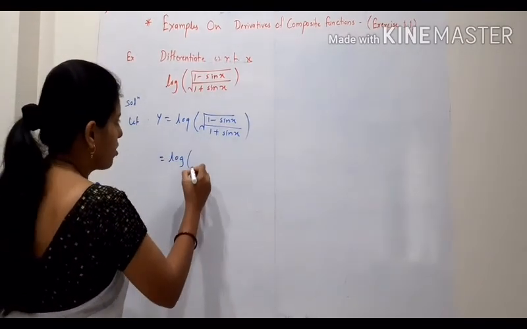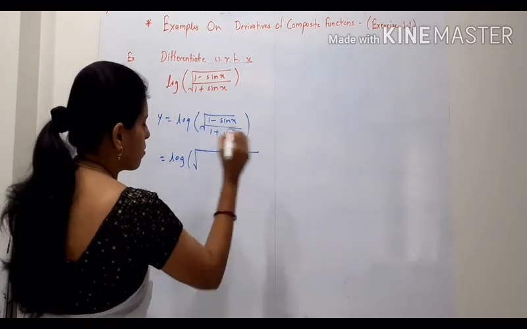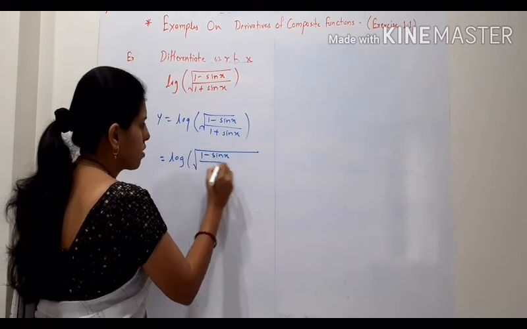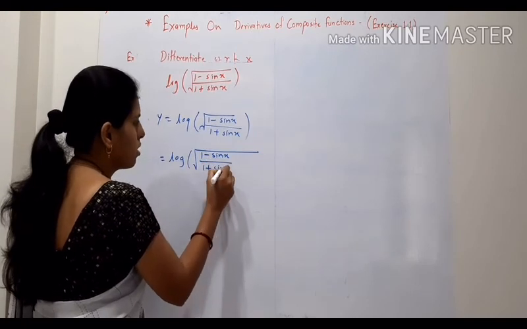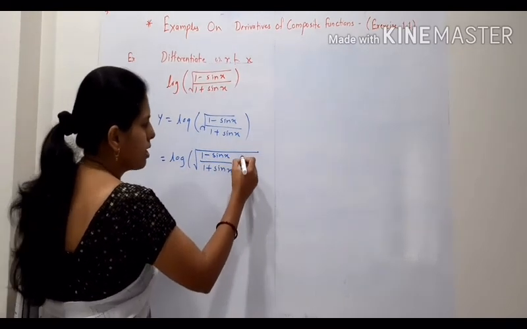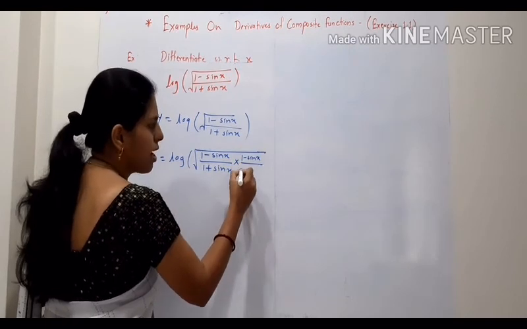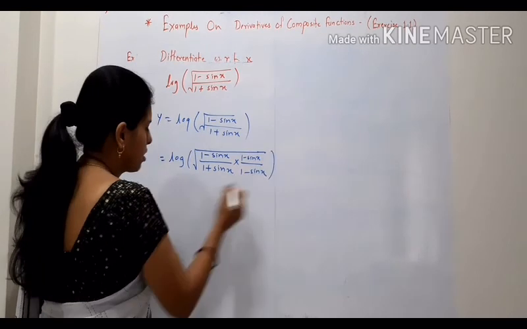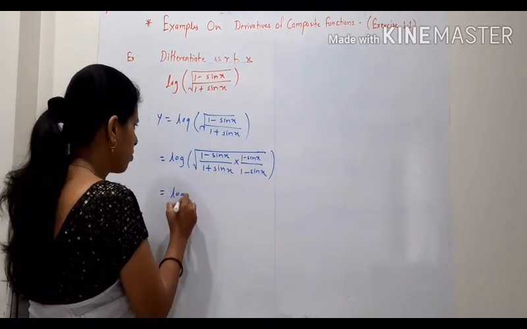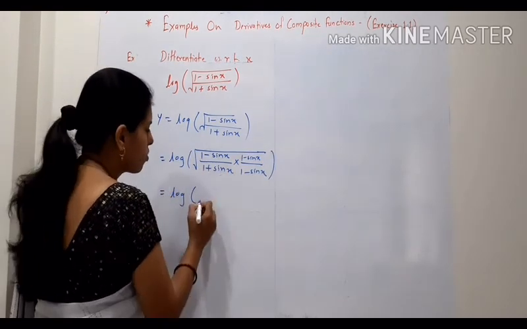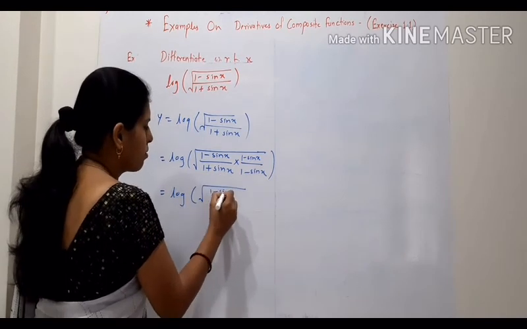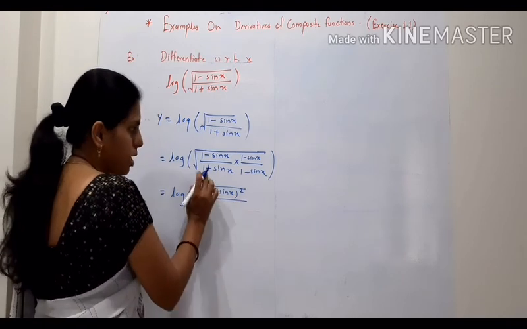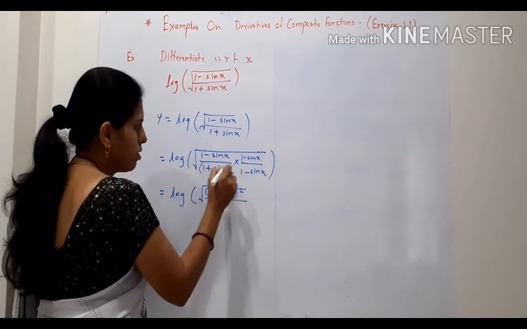So we are multiplying by the term 1 minus sin x inside the root and dividing by the same 1 minus sin x in the root. Therefore this will be 1 minus sin x into 1 minus sin x, that is 1 minus sin x bracket square, divided by a plus b, a minus b.